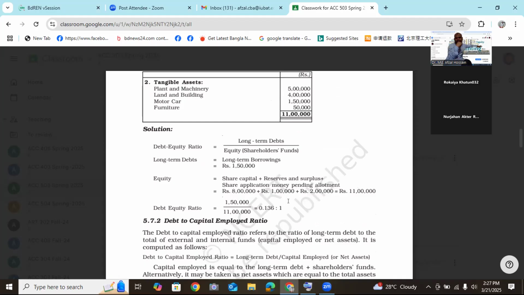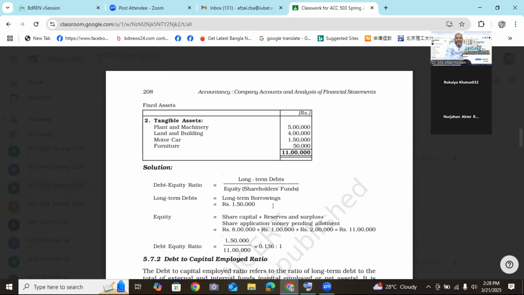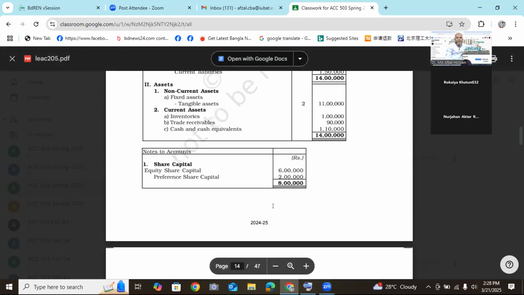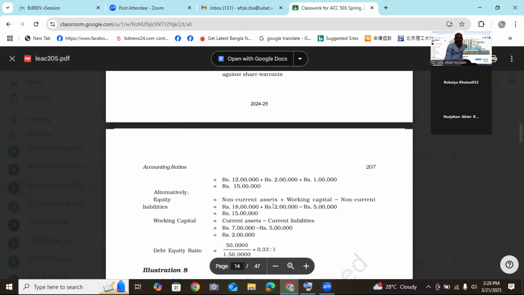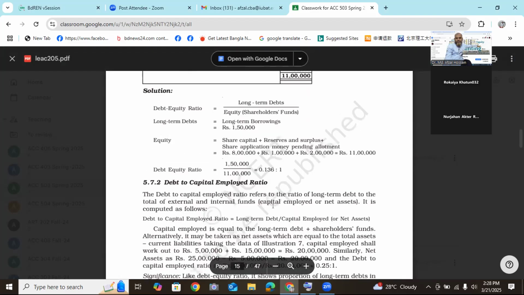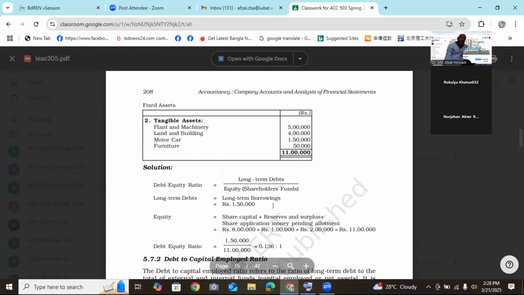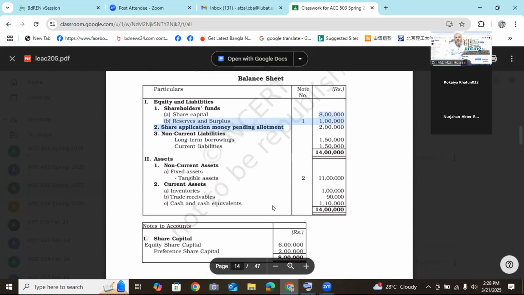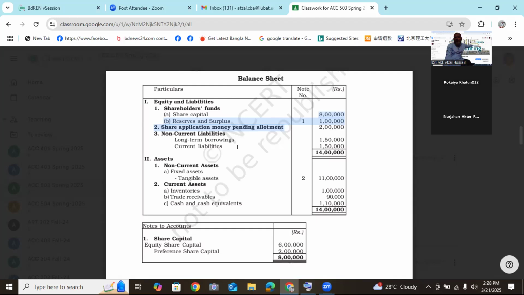Second one, because the proportion of debt is much lower than the first one. Yes, sir. Okay, good. The rule is, if your internal financing, that means equity share, is stronger than your debt financing, then you are in a safe position, not in danger.